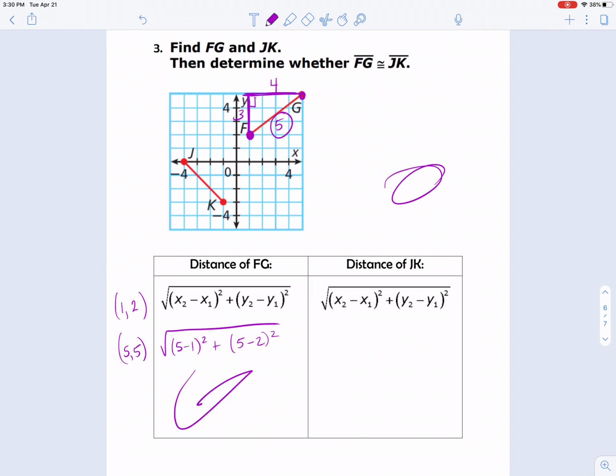Under the square root, I'm going to get the square root of 4 squared, which is 16, plus 3 squared, which is 9, so the square root of 25, which is 5.